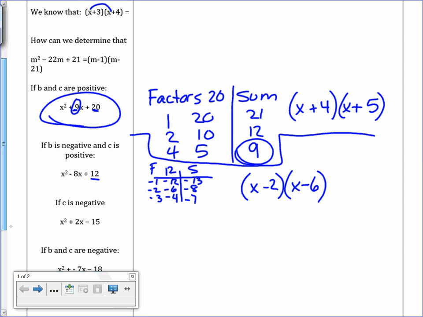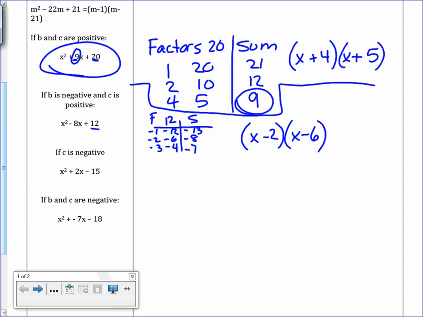Now let's see if c is negative. All right, if c is negative, but here I have a positive b. So let's think about this. If c is negative, then my factors are going to have to be a positive and a negative.